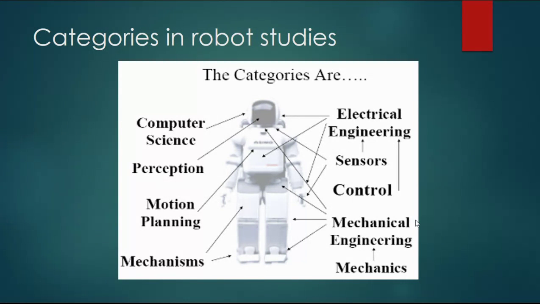Also it needs a mechanism, with the help of mechanical engineering systems and mechatronics; it needs the controls, it needs the sensors, and with the help of computer science it has perception. So overall, it is a multidisciplinary device which is used to reduce human effort and to improve the efficiency of work and productivity also.